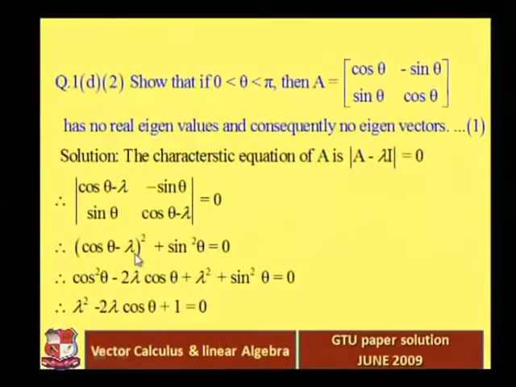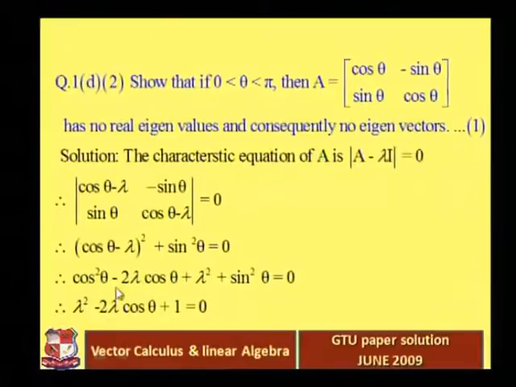So (cos theta minus lambda) squared plus sin squared theta is equal to 0. Okay, simplify this equation: cos squared theta minus 2 lambda cos theta plus lambda squared plus sin squared theta is equal to 0. Now cos squared theta plus sin squared theta is equal to 1, that we know.